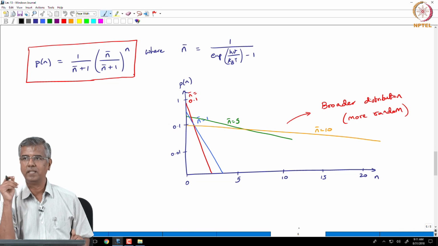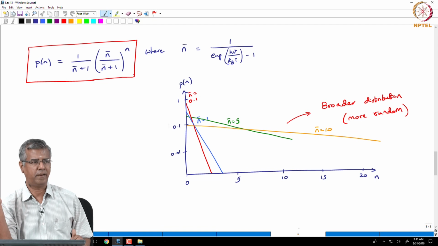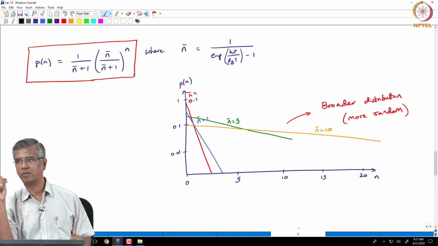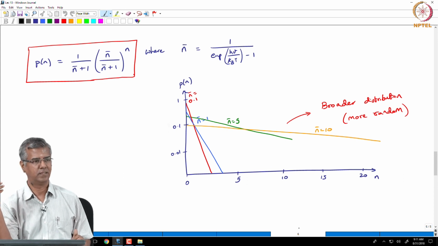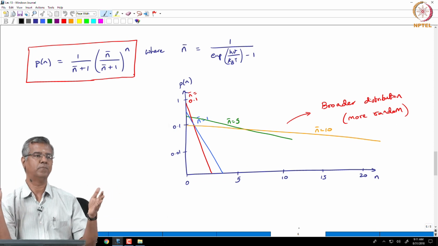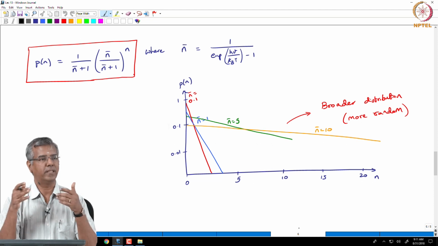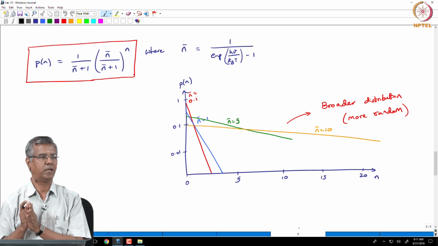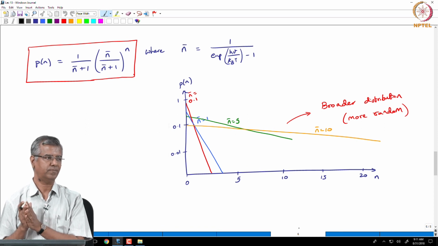So in other words, this LED, a spontaneously emitting source, is a pretty random source, but we are seeing a constant intensity from it. Why is that? Because our eye is actually averaging everything over a millisecond time scale. Over that millisecond time scale, it is as if n bar equals 10, right?